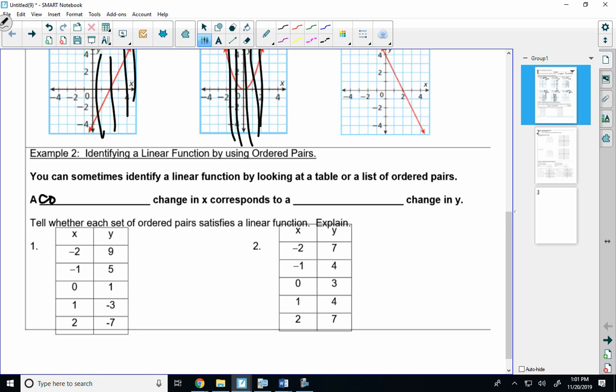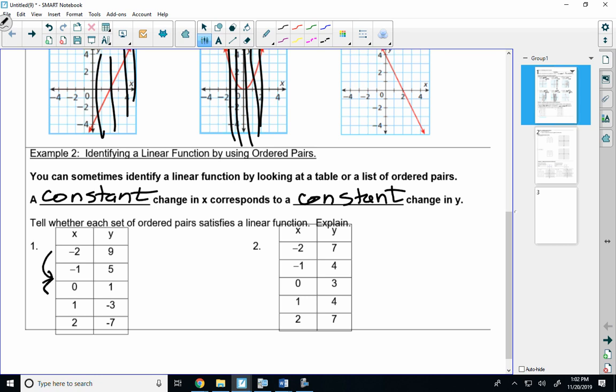A constant change in x for a linear function corresponds to a constant change in y. So as long as your x's go up by the same amount and your y's go up or down by the same amount, then it is a table that represents a linear equation, because you know slope is rise over run, it's consistent, goes up the same each time.